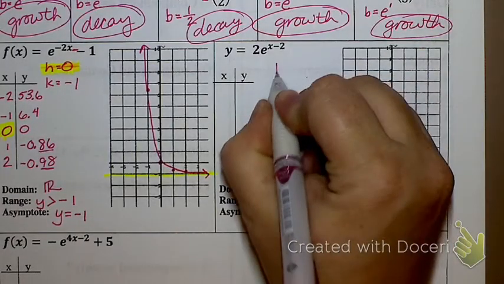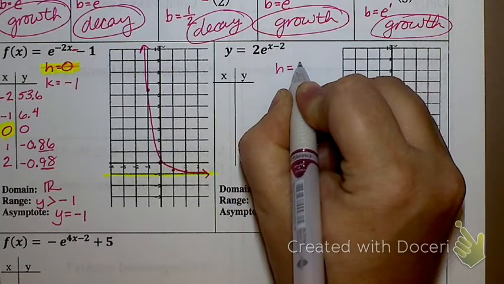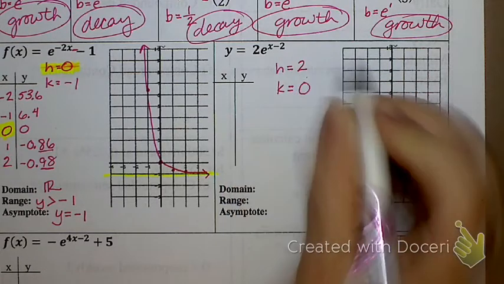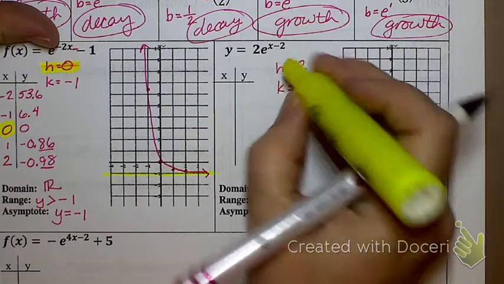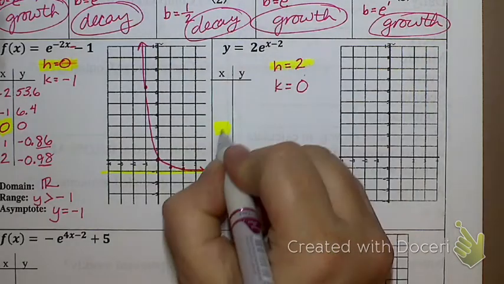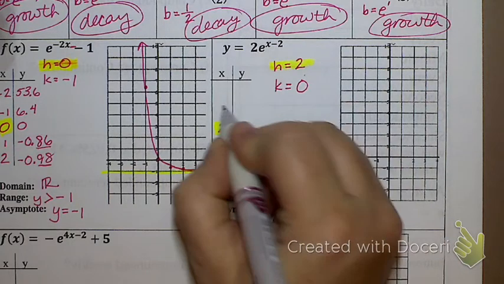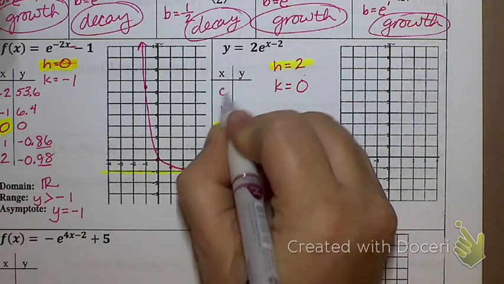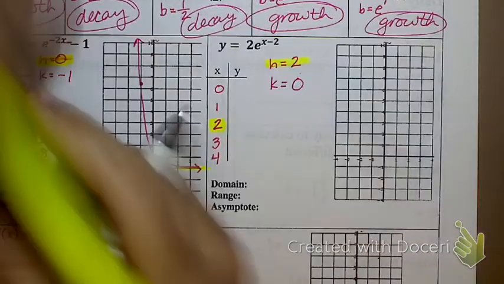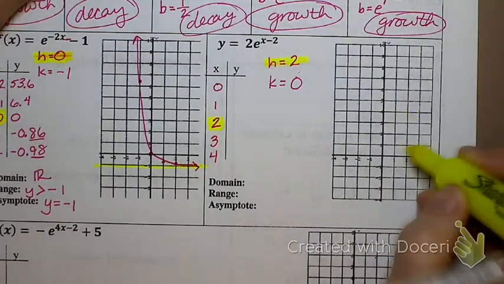What is H? H is 2. K is 0. H goes in the middle of my XY chart. Filling in my values around. K tells me what? My asymptote.